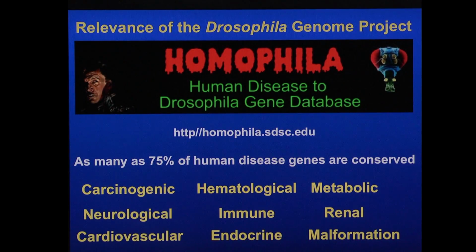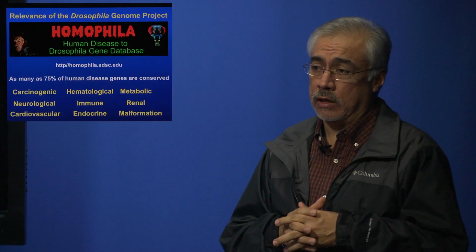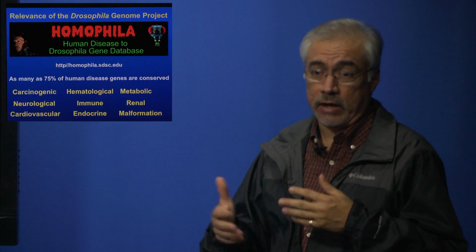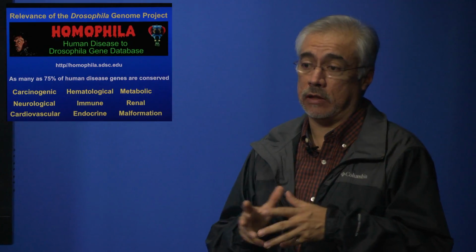These include diseases associated with cancer, neurological disorders, heart diseases, metabolic disorders and malformations, and so on. There are a lot of diseases that can be studied in flies, because flies have similar genes associated with those diseases, which is quite outstanding for many of us.